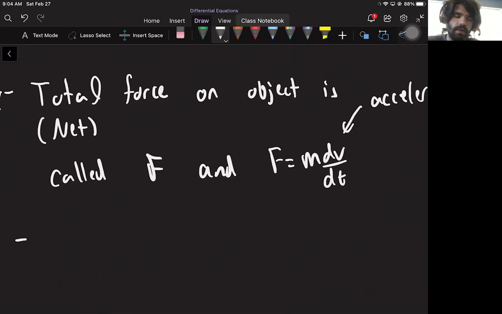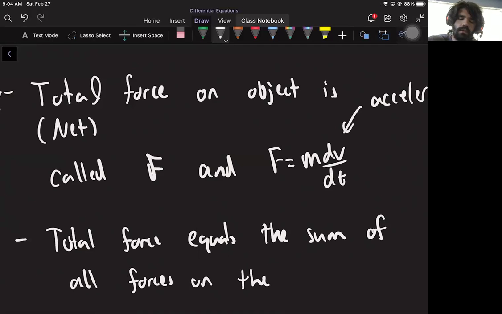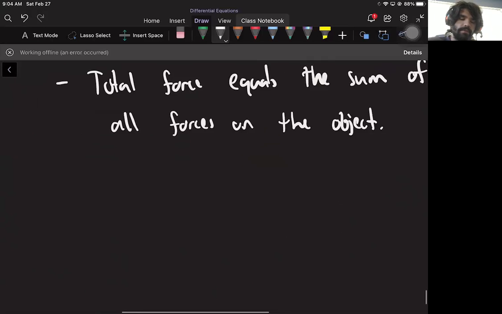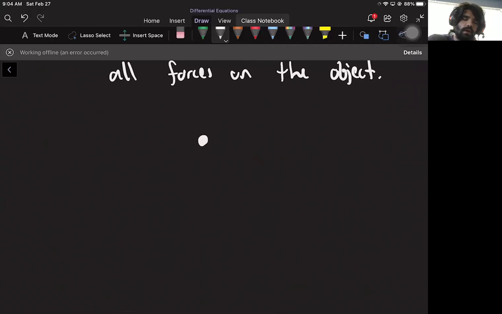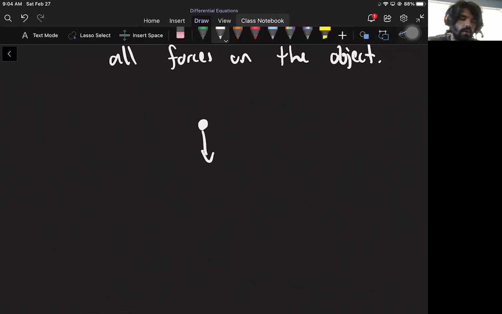The other law we need about the total force, well, it equals, because it's the total force, it's all the force, the sum of all the forces on the object. So what we need to do is think about what forces are at play on this object. So if I have an object falling down, what forces are pushing on it?